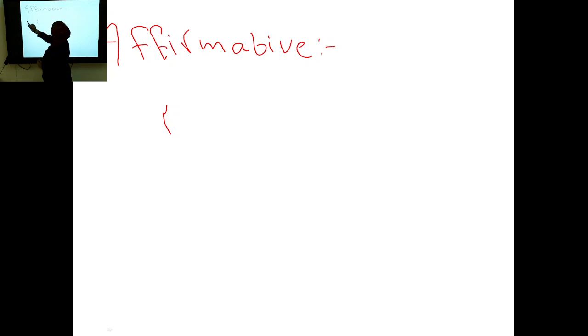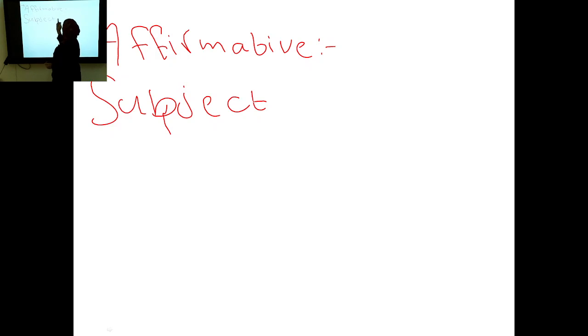The affirmative form. The affirmative form consists of subject, and we said before the subject could be a noun or a pronoun. After that, we use the appropriate or the suitable helping verb, which is verb to be, okay? And then we use the verb with ing, okay?